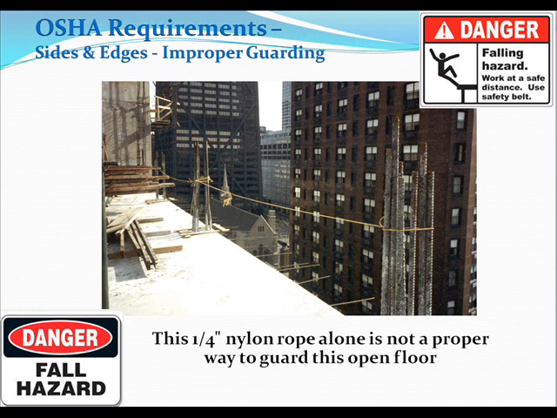This 1/4 inch nylon rope alone is not a proper way to guard this open floor. One 1/4 inch rope is allowed, but it must meet the criteria of 1926.502(b)(3), etc. No mid-rail, no toe boards, no sagging is allowed.